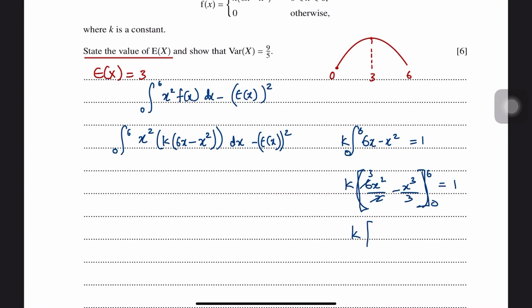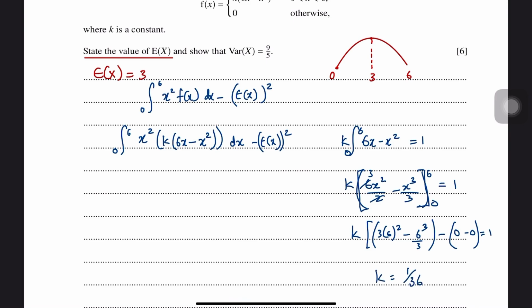So k times 3 times 6 squared minus 6 cubed divided by 3, minus 0, equals 1. What does that give me? 72... 36. So k looks like it might be 1 over 36.